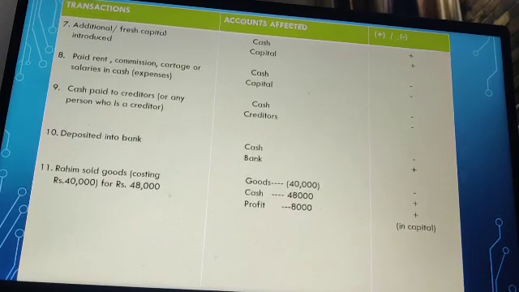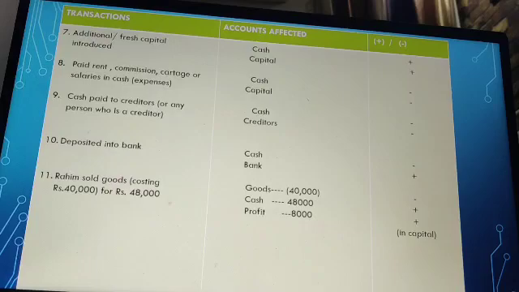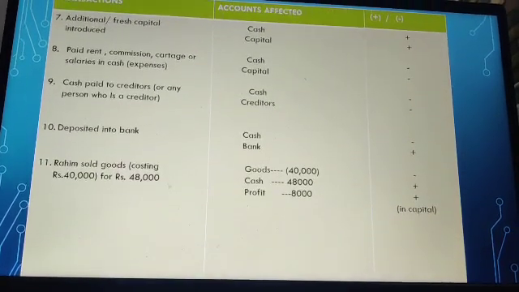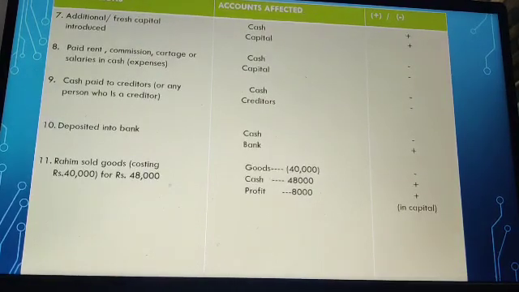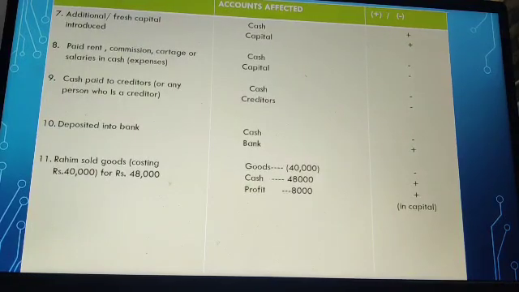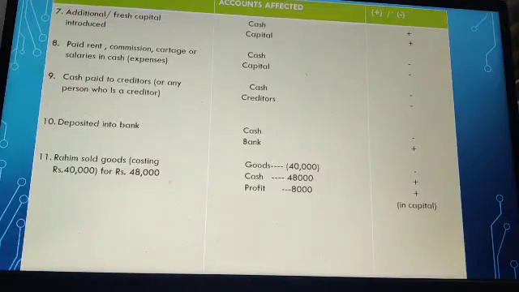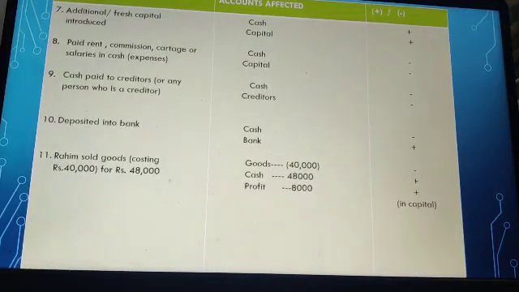Additional fresh capital introduced. Suppose, for example, in a company, the person who is the owner of the business decides to introduce fresh capital. Now that fresh capital will again have the same effect as when the person started the business. Cash is going to be added, and in the similar way capital is also going to be added.